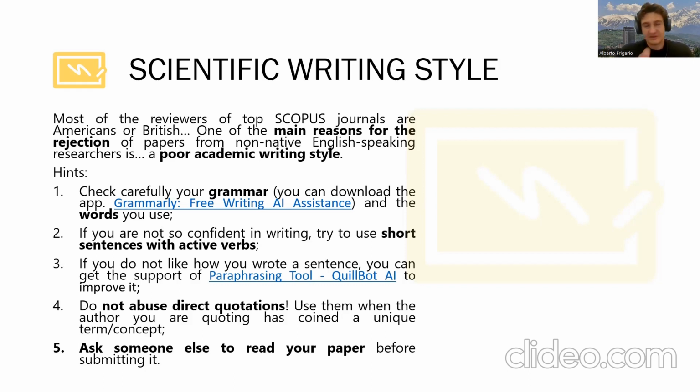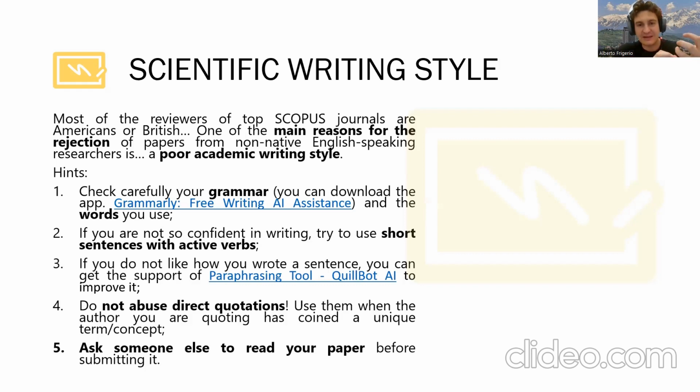The second recommendation I have for you is to use short sentences with active verbs. This is highly demanded in scientific publication. The second tool I want to show is called Quillbot. What is it about? Sometimes we know what we want to say, but we are not able to write it well.